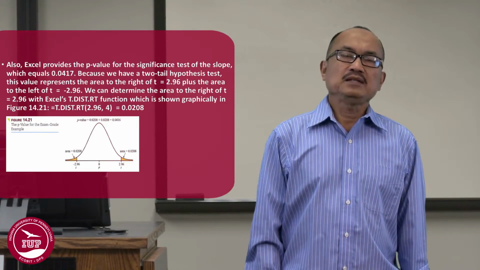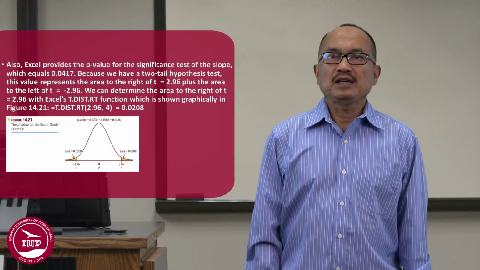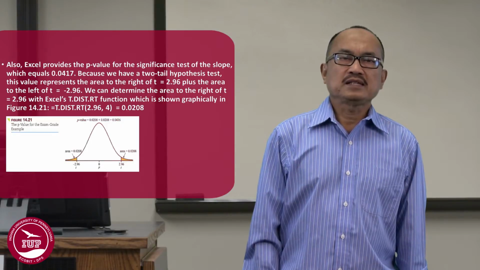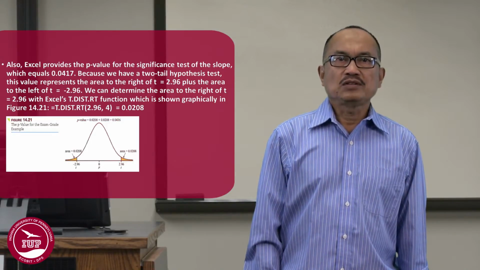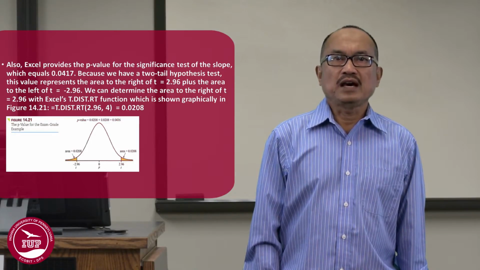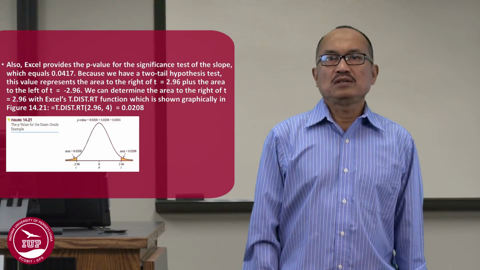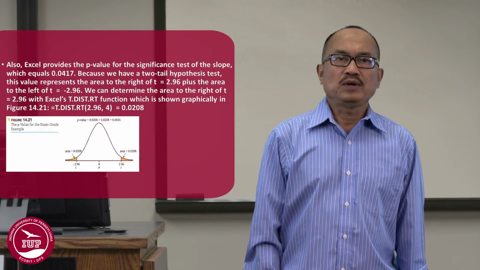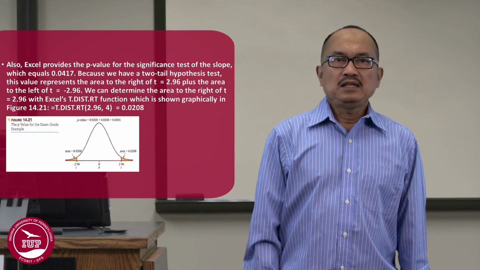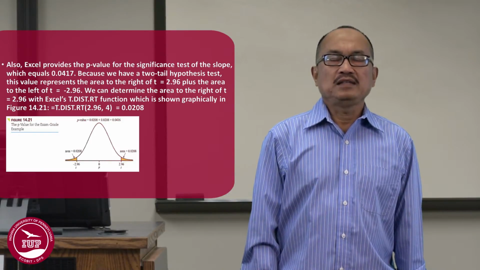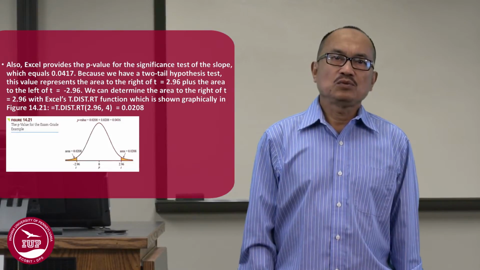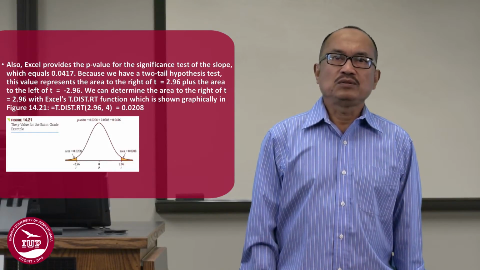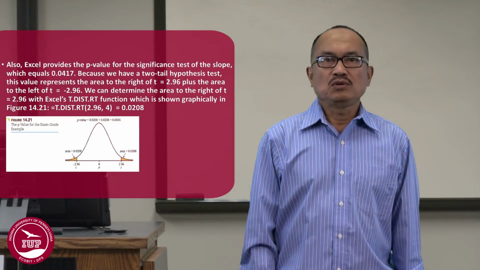We can determine the area to the right of t equal to 2.96 with Excel's T.DIST.RT function, which is shown graphically in figure 14.21, equal to T.DIST.RT inside parentheses 2.96, 4, which is equal to 0.0206.